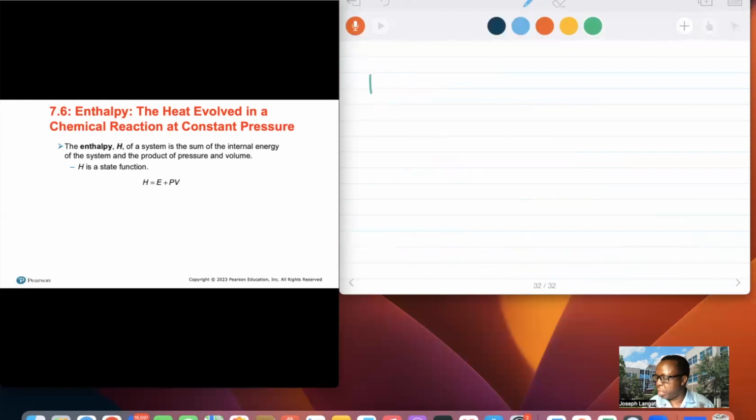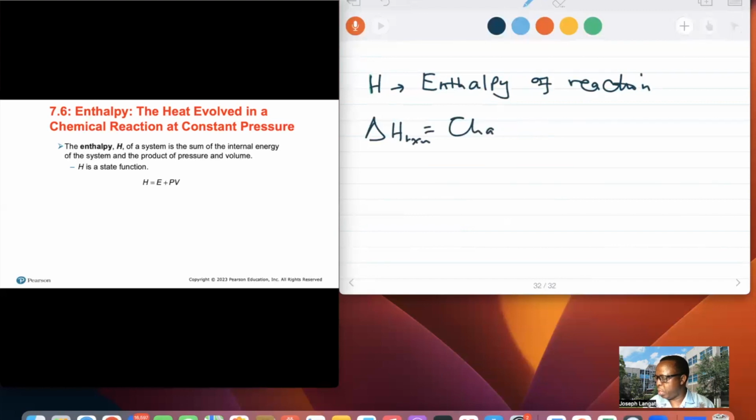This H means enthalpy of reaction, and this means change in enthalpy of reaction.